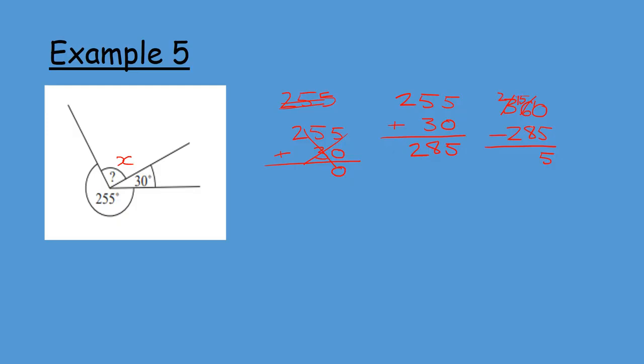So I've got 15 take away 8, which is 7. Sorry about that. And then we've got 2 take away 2. So we've got X is equal to 75 degrees.